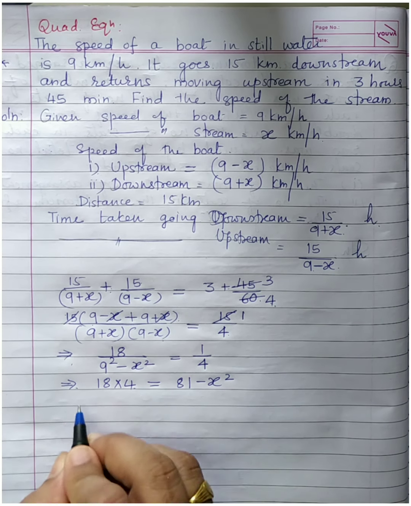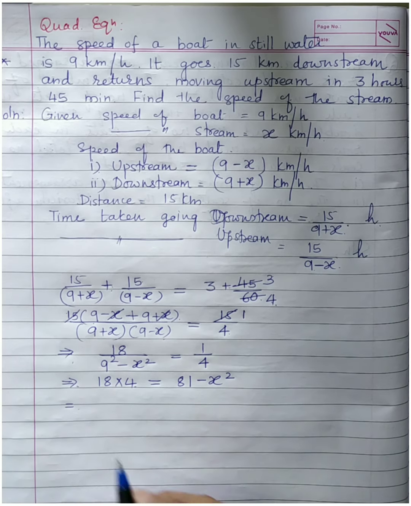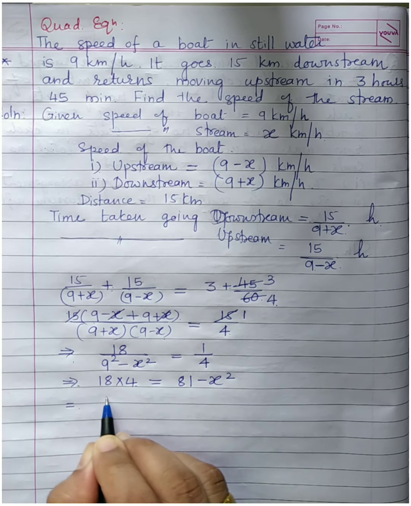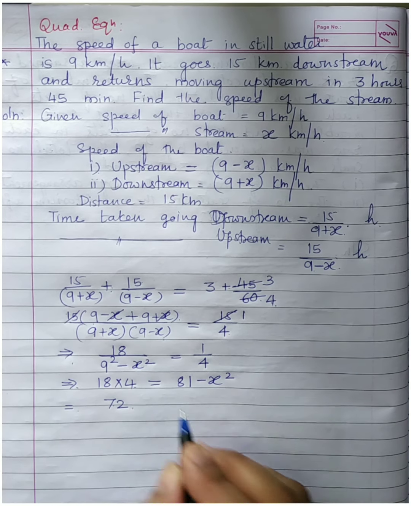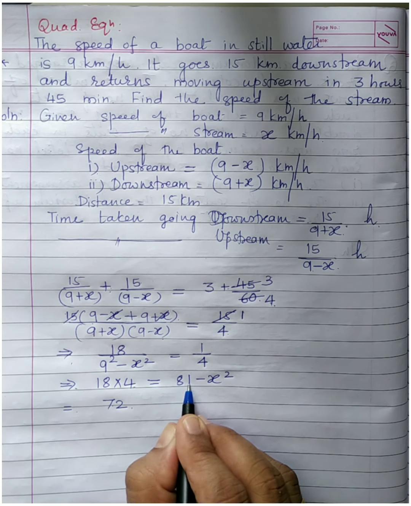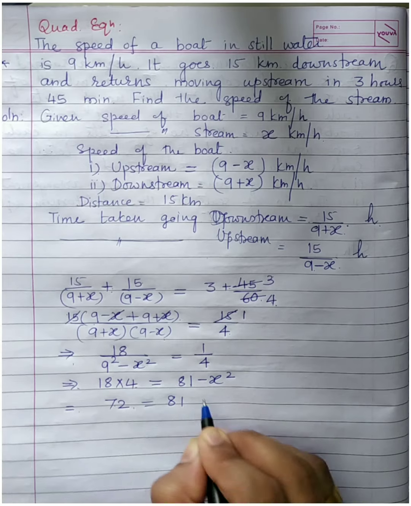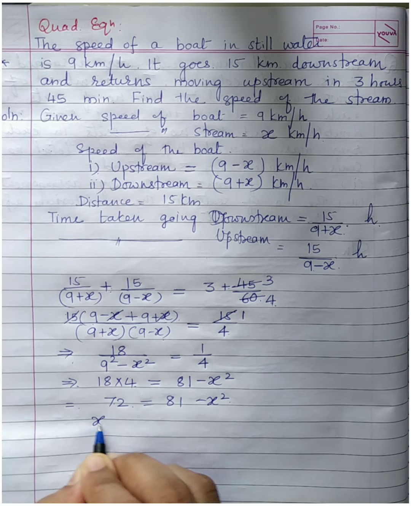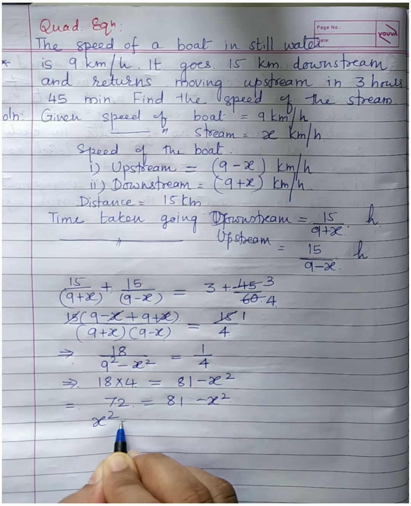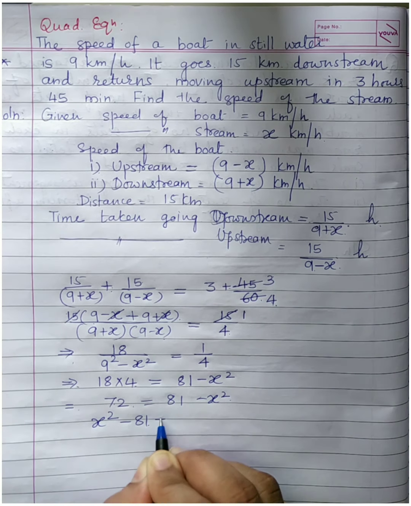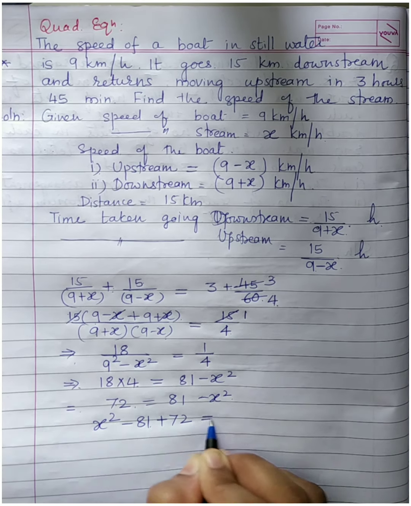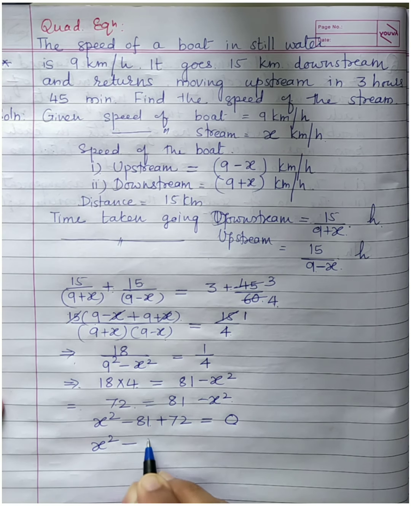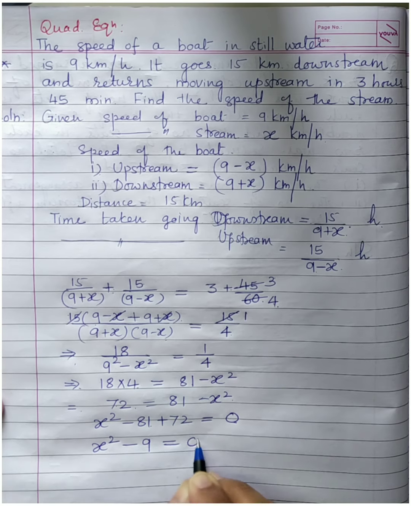So 72 equals 81 minus x square. Shift these two terms this side, you will get x square minus 81 plus 72 is equal to 0. So you have x square minus 9 is equal to 0.